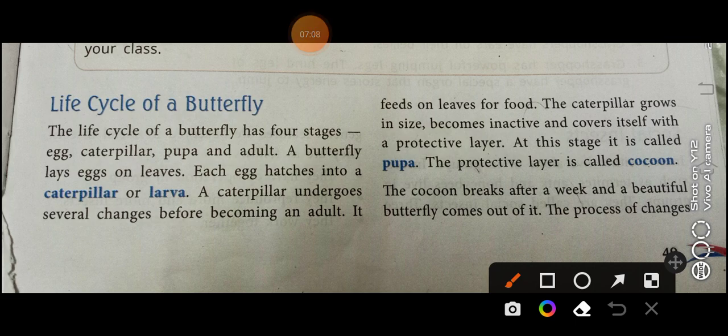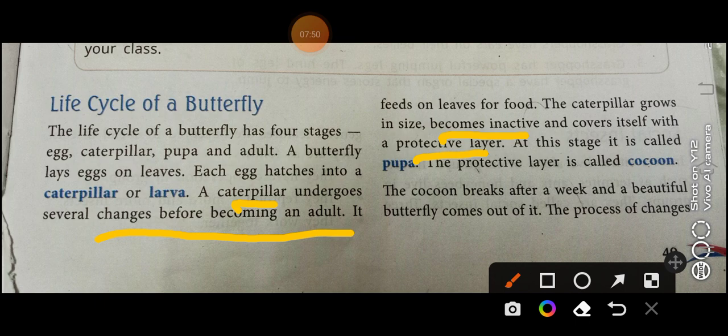After coming out from the egg, the caterpillar undergoes many changes before becoming an adult. For food, the caterpillar eats leaves, and after some days it grows bigger in size. Then it becomes inactive, and its body is covered with a protective layer.